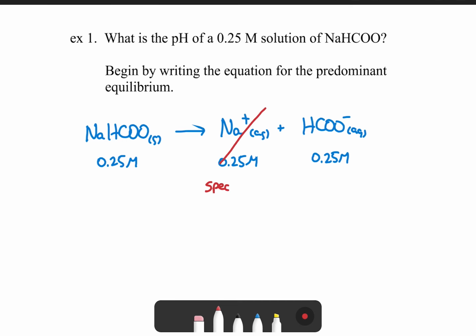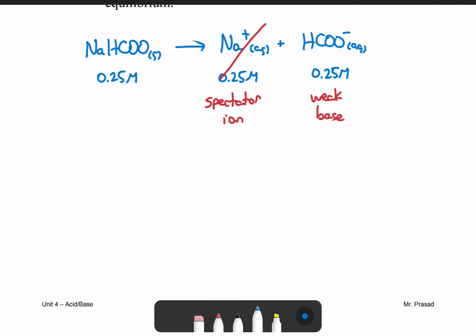Check for spectators reveals that Na plus is an alkali metal ion and therefore can be identified as a spectator ion. HCOO minus is not a spectator ion. It is found on the base side of our Bronsted-Lowry acid base table and can be identified as a weak base.